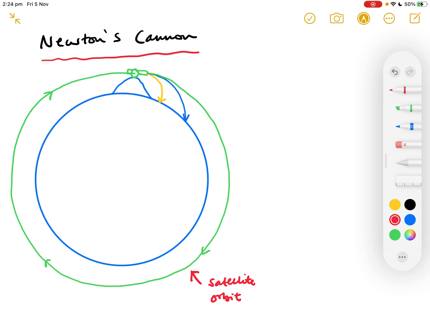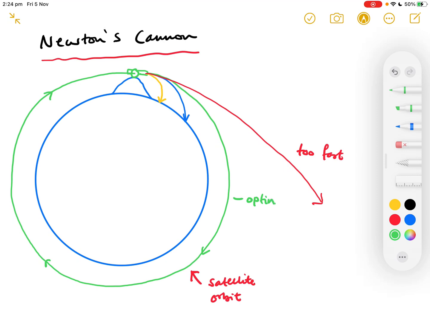Out of interest, had the projectile been fired too fast to get into that circular orbit, then what it would do is something like this, and it wouldn't land, and it wouldn't go into orbit. It would actually leave the Earth's vicinity and go off somewhere else. So that would be much too fast.